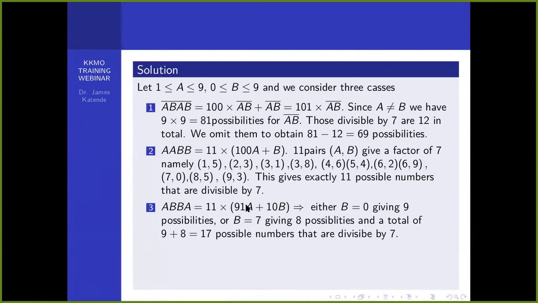So for this number to be divisible by 7, this second number here must either be 0. If it is 0, then we are done. Or it must be a multiple of 7, right?